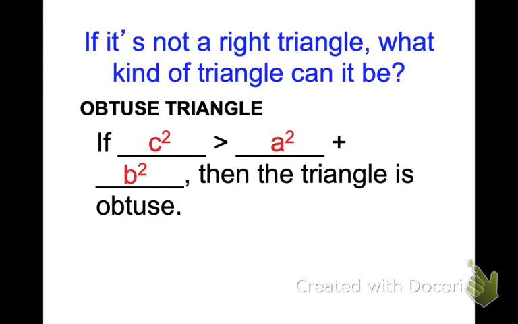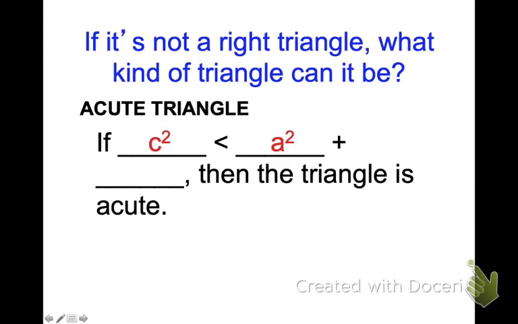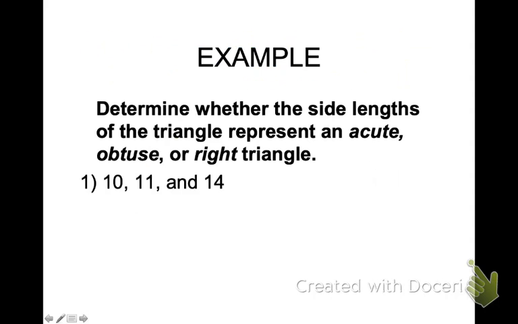If c squared is larger than the sum of a squared plus b squared, then it's an obtuse angle up here. If your c squared is smaller, then what type of angle do we have up here? Acute, right? So it's going to be an acute triangle when your c squared is less than a squared plus b squared. So you're going to be given 3 side lengths, and you're going to be asked, is it right, is it acute, or is it obtuse? And you're just going to use this same philosophy.